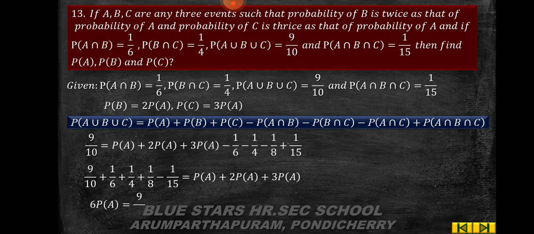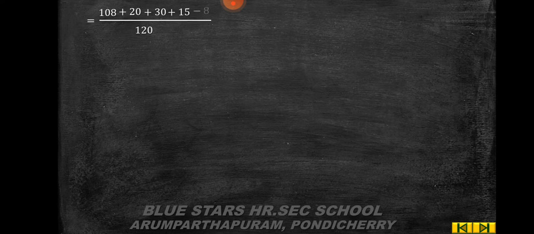So 6 P of A is equal to 9 by 10 plus 1 by 6 plus 1 by 4 plus 1 by 8 minus 1 by 15, which is equal to, with the common LCM 120, 108 plus 20 plus 30 plus 15 minus 8.